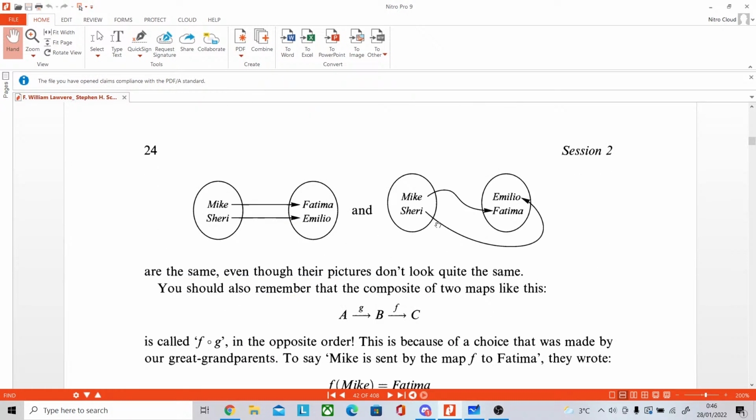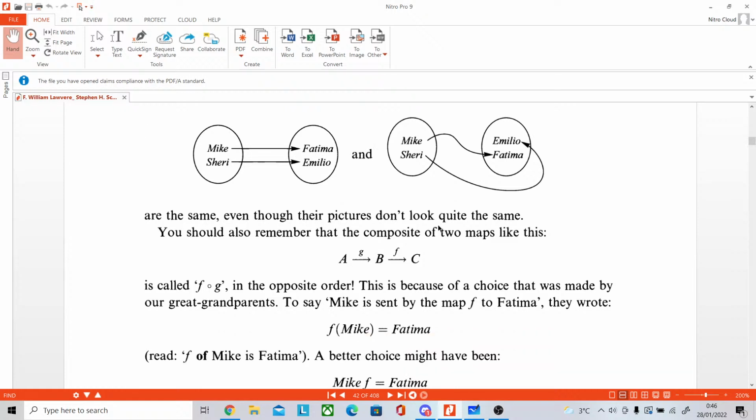So these are the same even though the pictures are not the same. It's just where the arrow lands that is the determining feature.